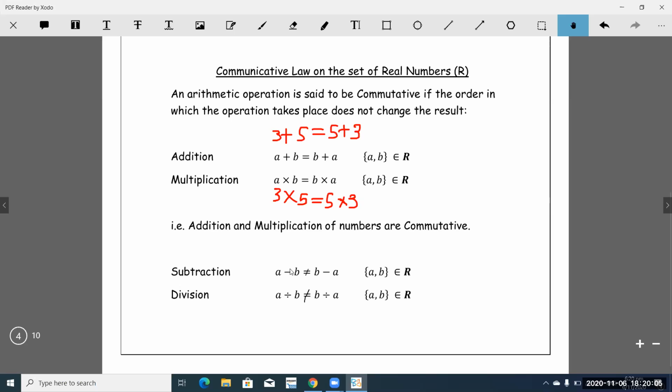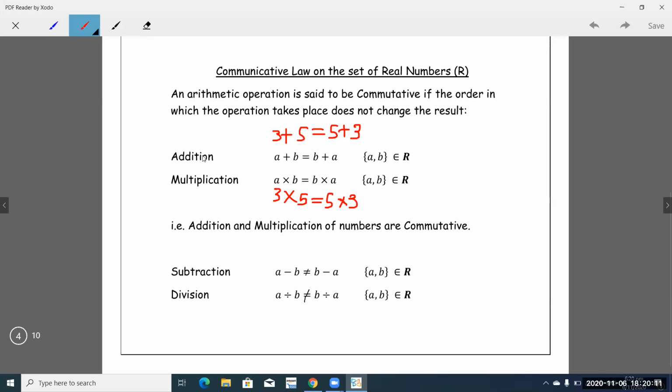So we have a number 10 minus a number 5. 10 minus 5 is not the same as 5 minus 10, right? 10 minus 5 will never be the same as 5 minus 10. So clearly we can say that it is not commutative.